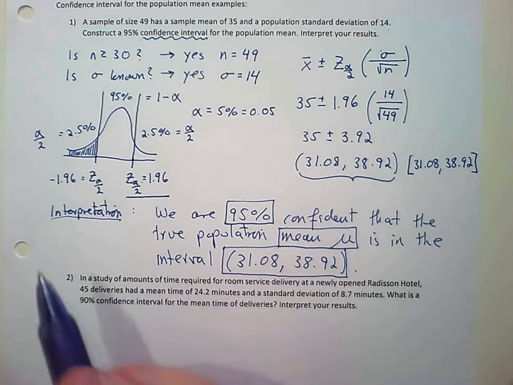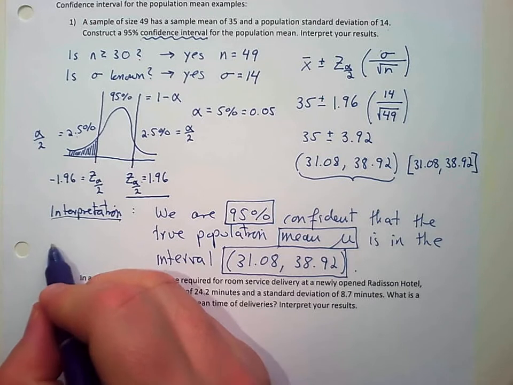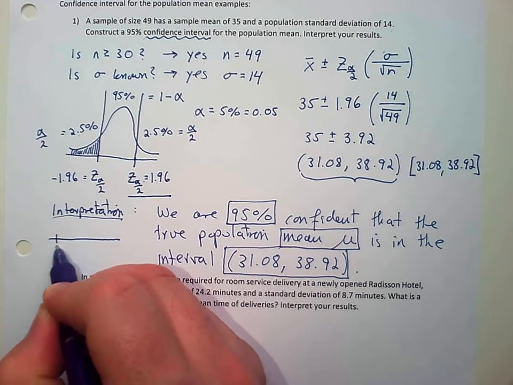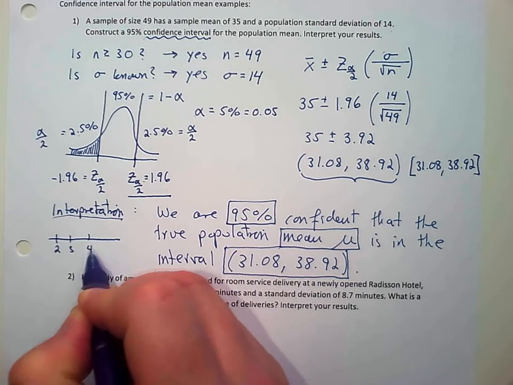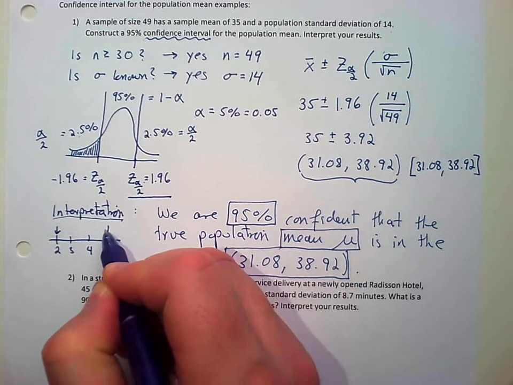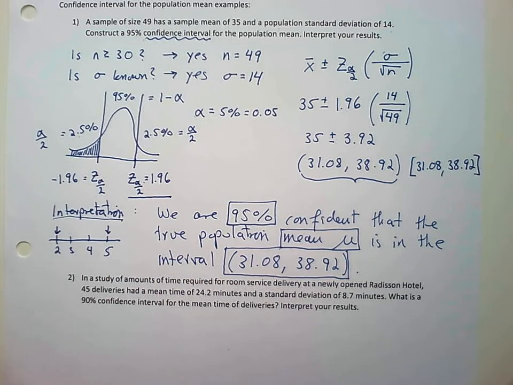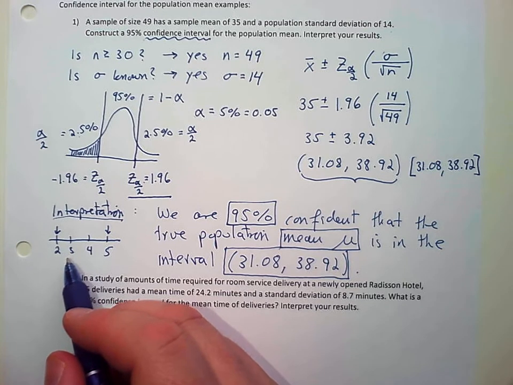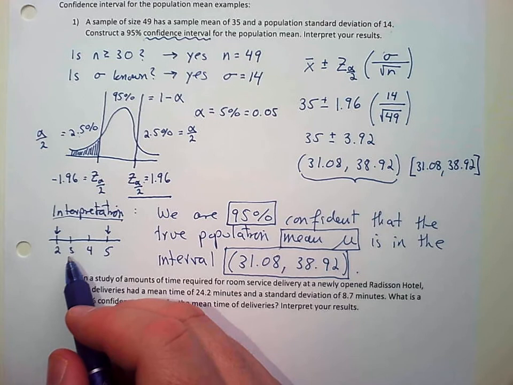And here's why. Let's boil this down to a simple number line. Say that we have a number line that goes from 2, 3, 4, and 5. So let's consider the number line starting at 2 and going to 5. If I asked you, is 3 in this interval from 2 to 5, either 3 is in the interval or 3 is not in the interval.